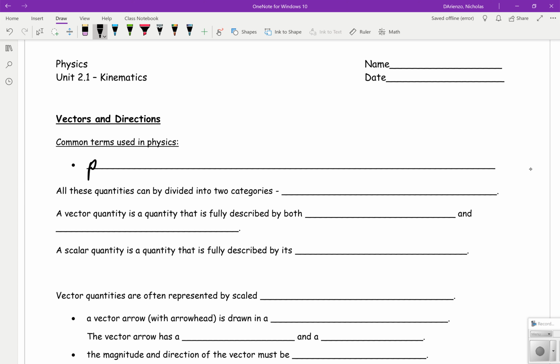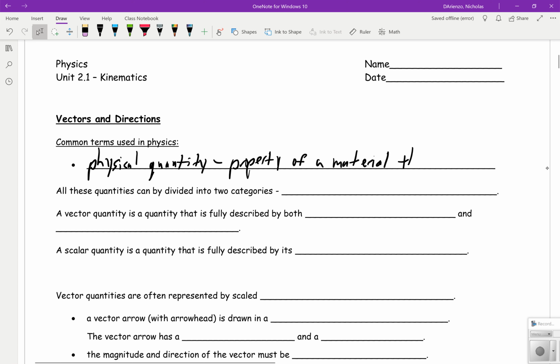A term that you're going to see often in this class is what we call a physical quantity. A physical quantity is a property of a material that can be quantified by measurement.